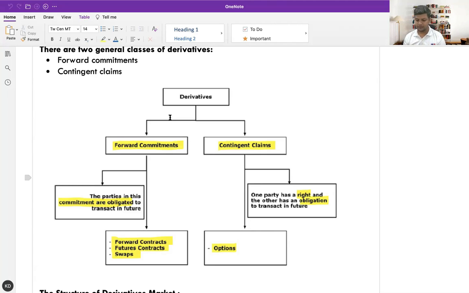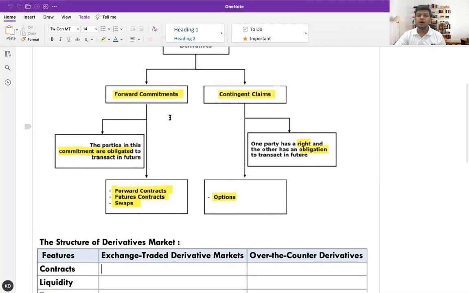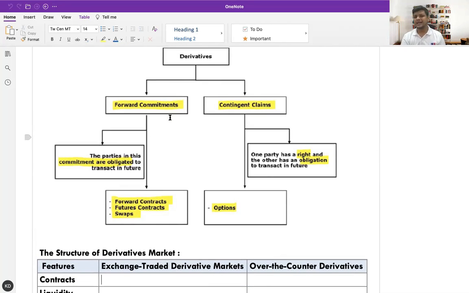Clear? Yes. Now, let me tell you one more thing. To make it simpler for you, all these derivative instruments or derivatives markets that you see here, forward, futures, options, and swaps, are traded on a platform which can be an exchange or OTC, correct?